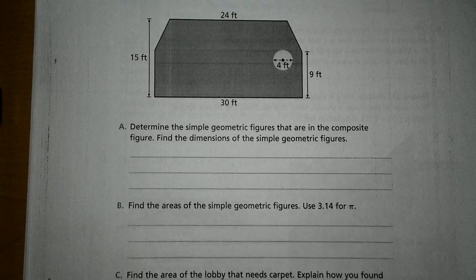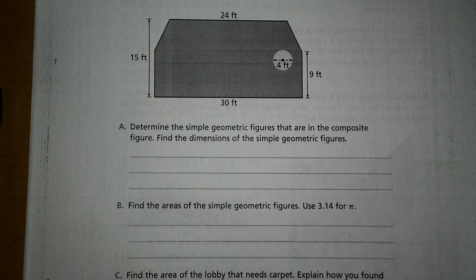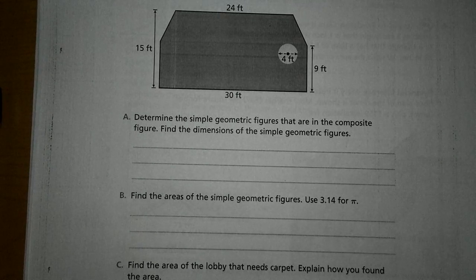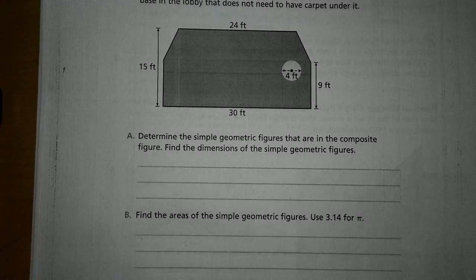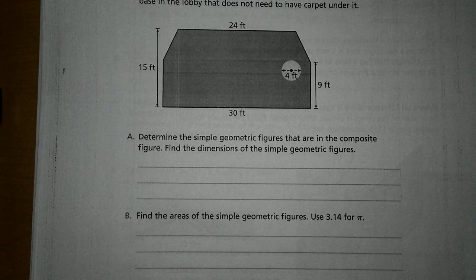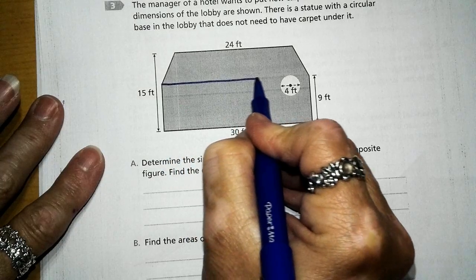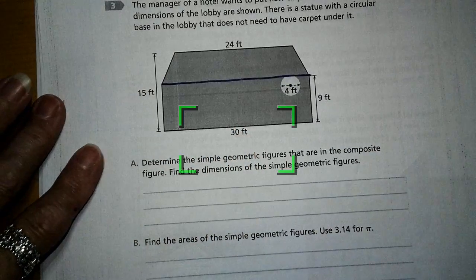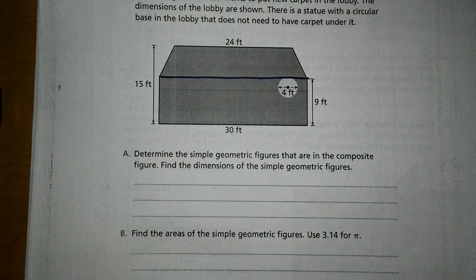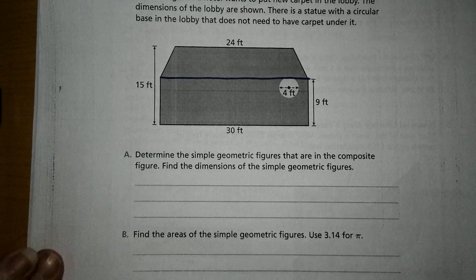All right, so what figures do we have? What can I break this down to? I know one of it's there. So if I break it there, what do I have?